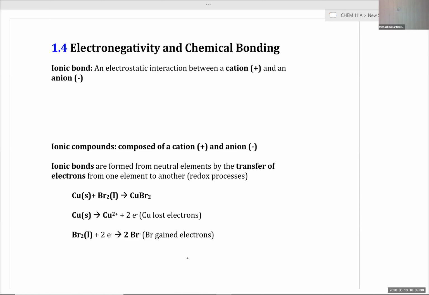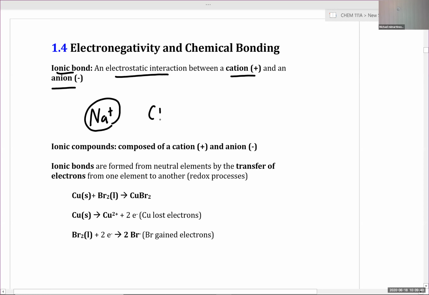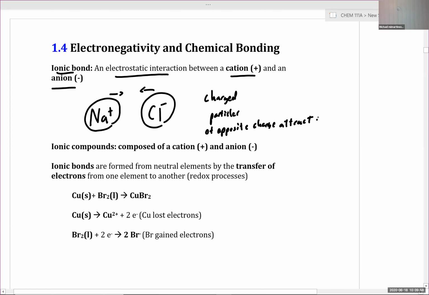An ionic bond is an electrostatic interaction between a cation and an anion. There's no sharing of electrons. Quite simply, it's just an attraction between charged particles. We know from our previous lecture that charged particles of opposite charge attract. Coulomb's law in action.